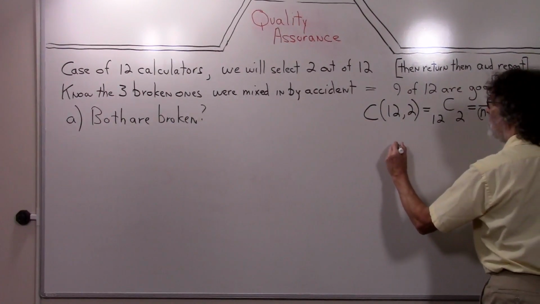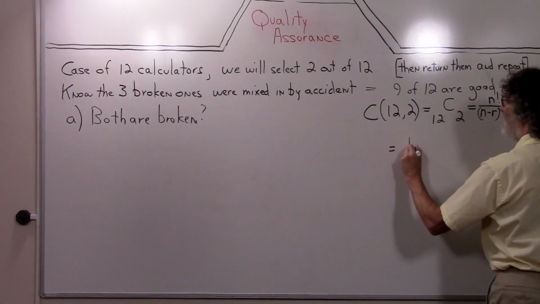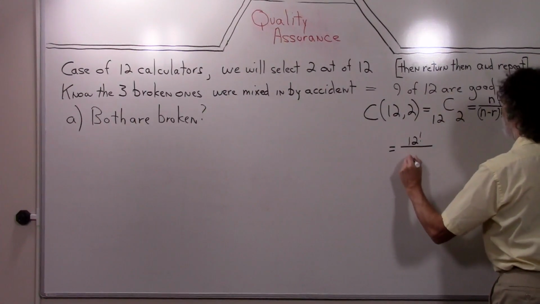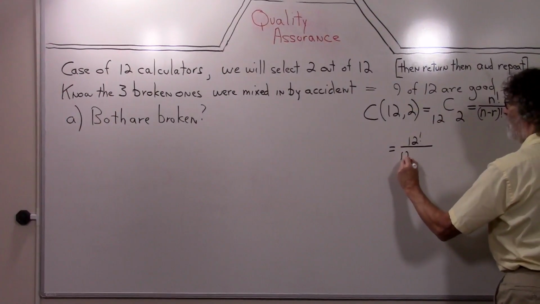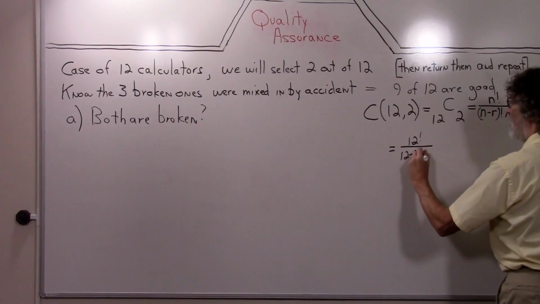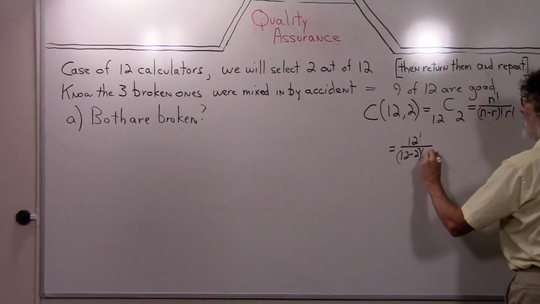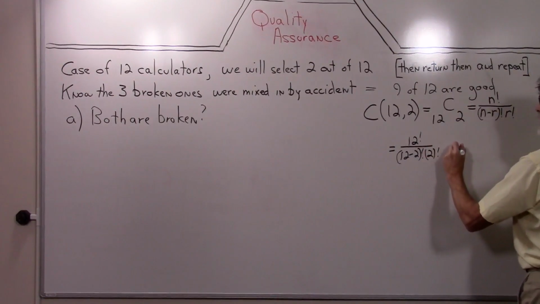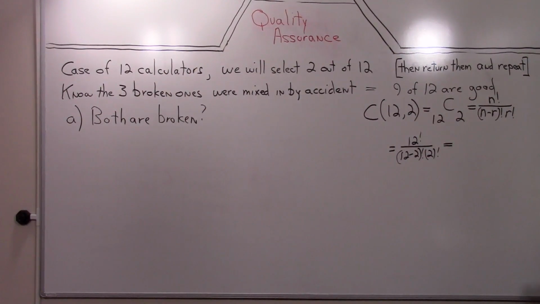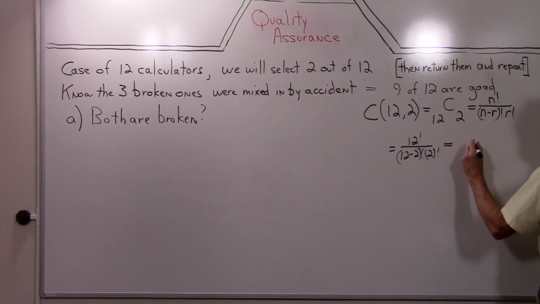C(12, 2) is equal to 12 factorial divided by 12 minus 2 factorial times 2 factorial. Let's expand that term a little bit. Factorial: that number times the next number lower times the next number lower, dot, dot, dot, all the way down to times 2 times 1.